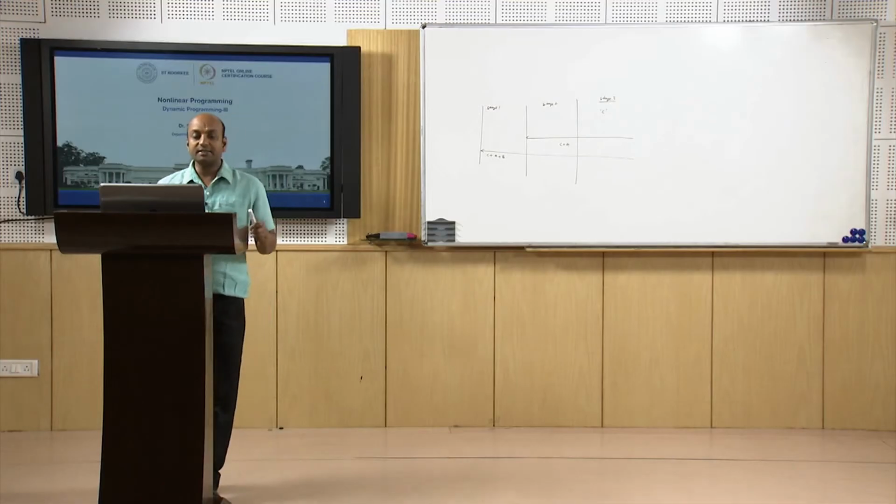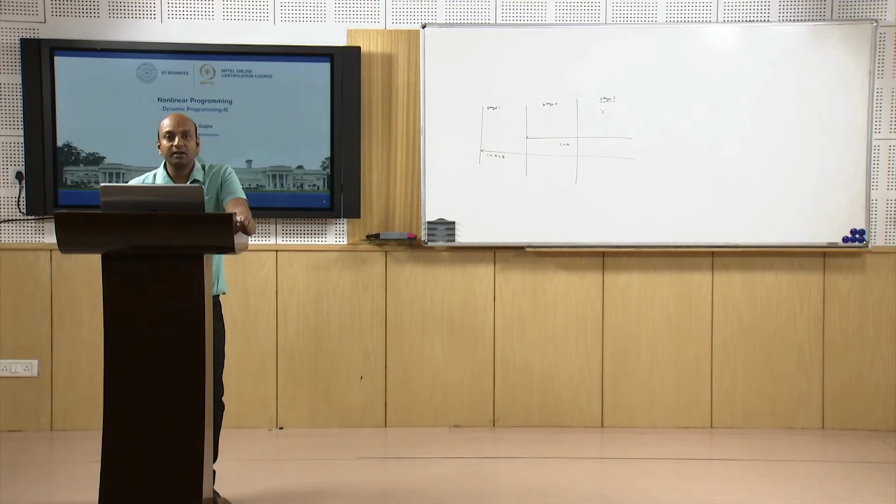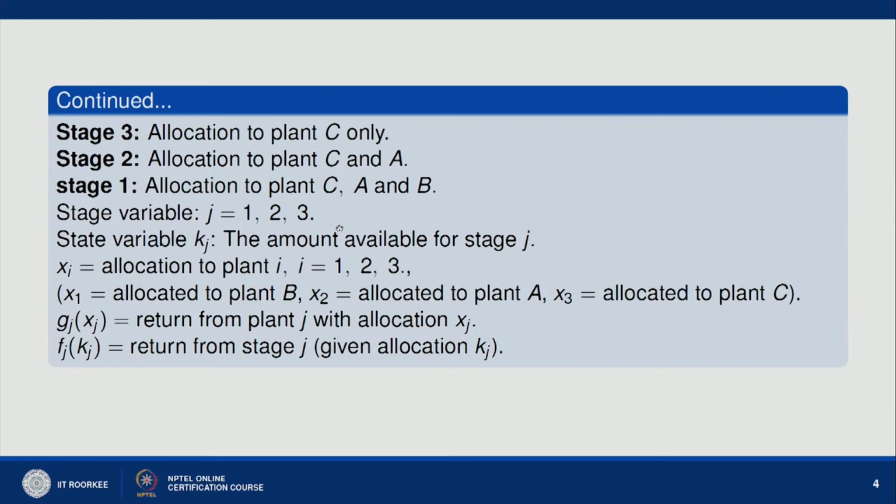Now, we define the stage variable j as 1, 2 and 3. Then the state variable is kj, which means the amount available for stage j.